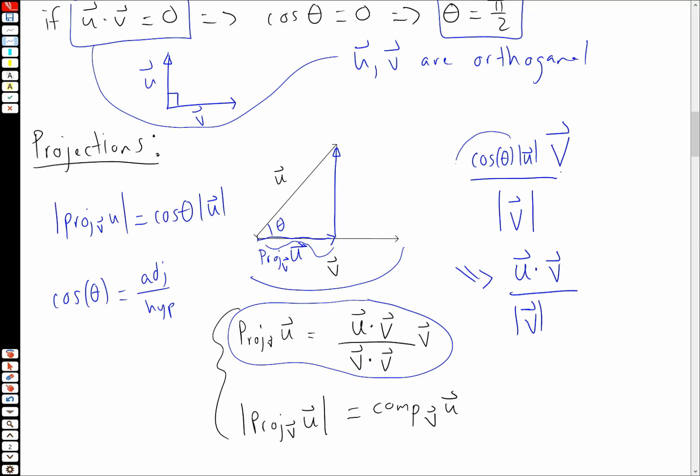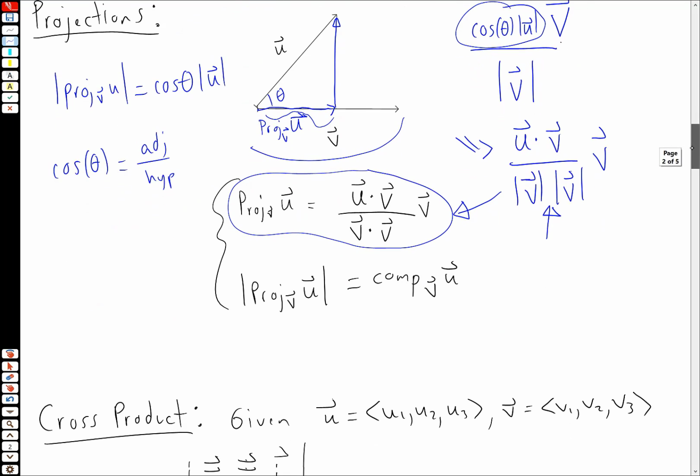So that's what this quantity here is. And don't forget, we also had this quantity of v here. And remember, what's the length of a vector squared? That's the dot product. So that's how we arrive at this formula here.